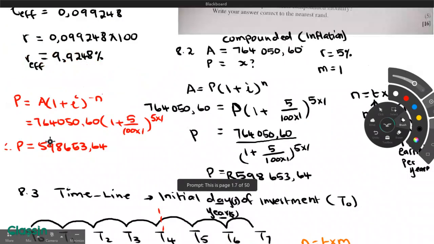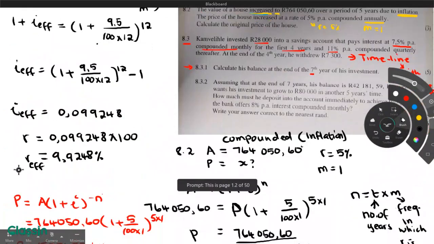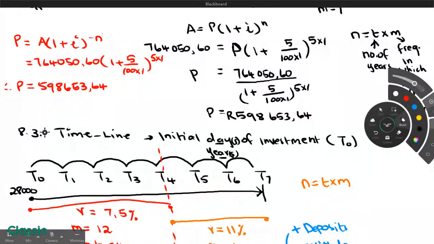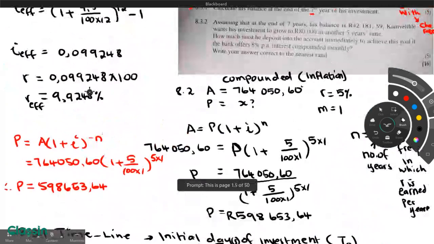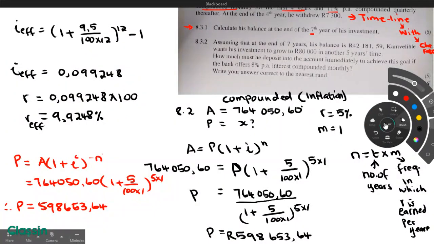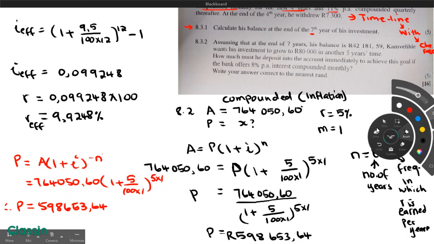So it's 8.3. I think 8.3 has got 2 sections. It's 8.3.1. Now we have 8.3.2. Let's read 8.3.2 together. It is for 5 marks. They say, assuming that at the end of the 7th year, his balance is 42,181 rand 59 cents, which is the value of money that we got in 8.3.1.